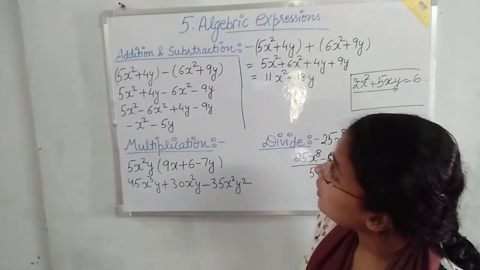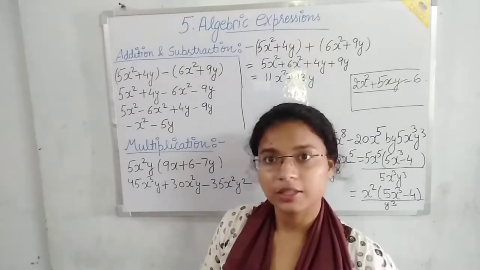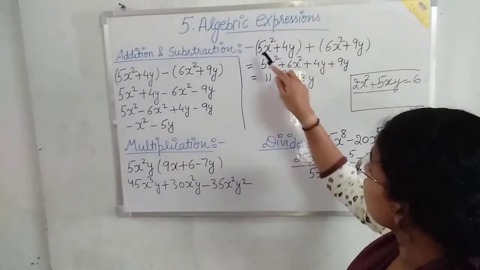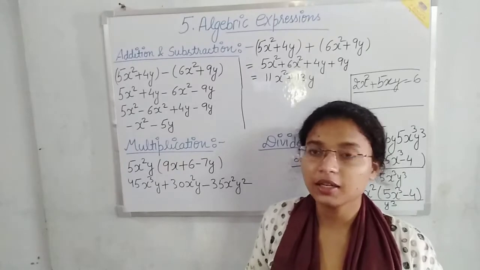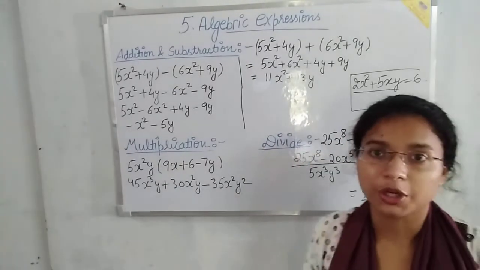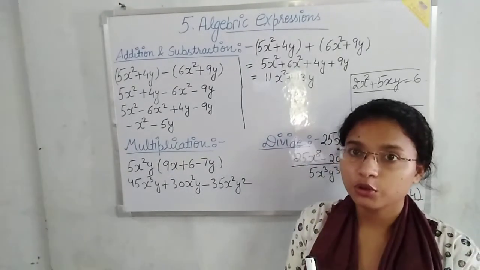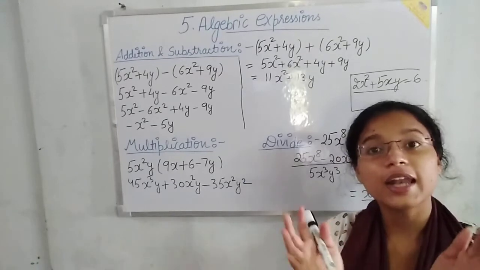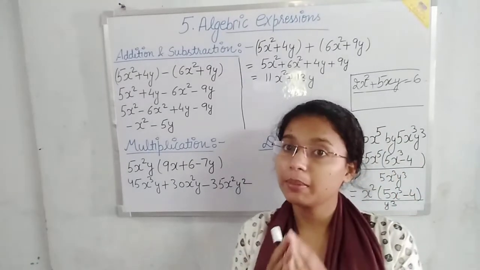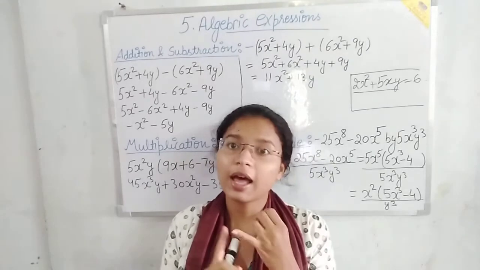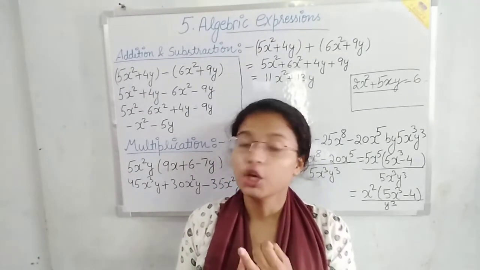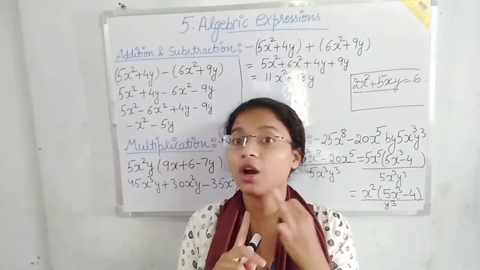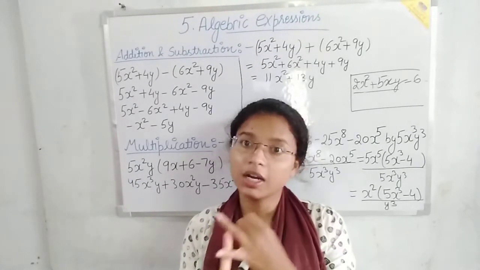So start with the addition and subtraction. Suppose this question is given, this is your given question, and you have to add this. So first thing you have to do is write the like terms together. Remember one thing, you can add and subtract only the like terms. You cannot add or subtract the like and unlike terms.